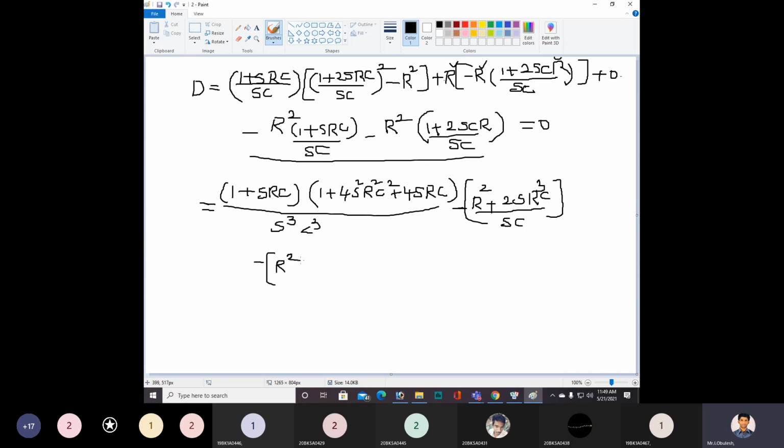R square plus S R cube C by SC, sorry, not RC, SC.